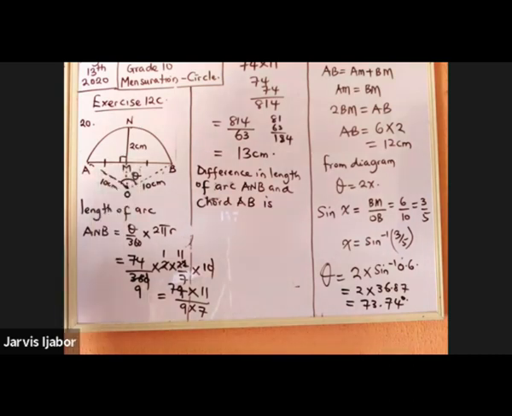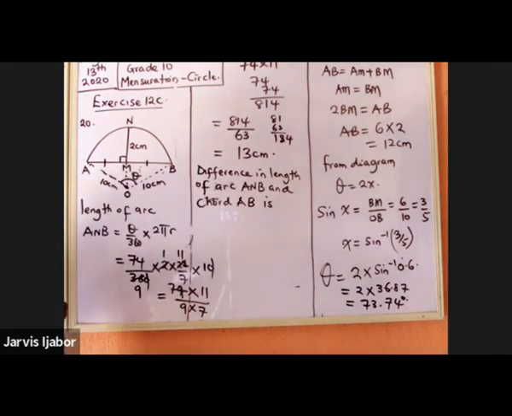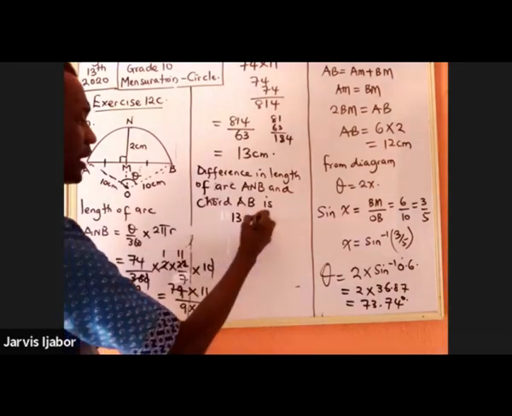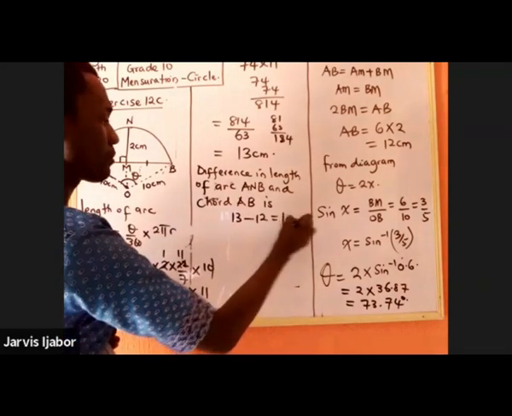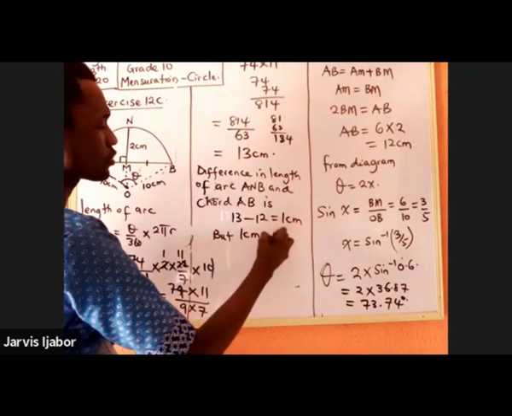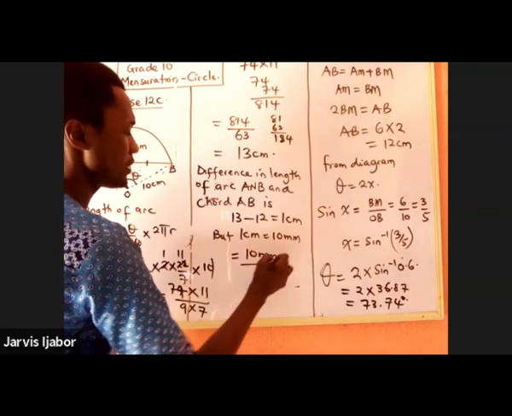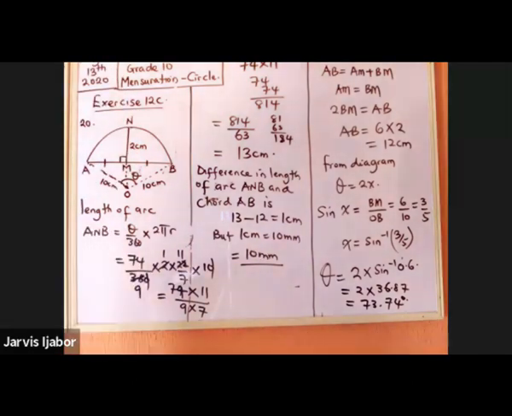The length of the chord is 12. The length of the arc is 13. So that will be 13 minus 12, and that will give me 1 cm. But 1 cm is equal to 10 millimeters. So my final answer is 10 millimeters. All right, so that settles that question.